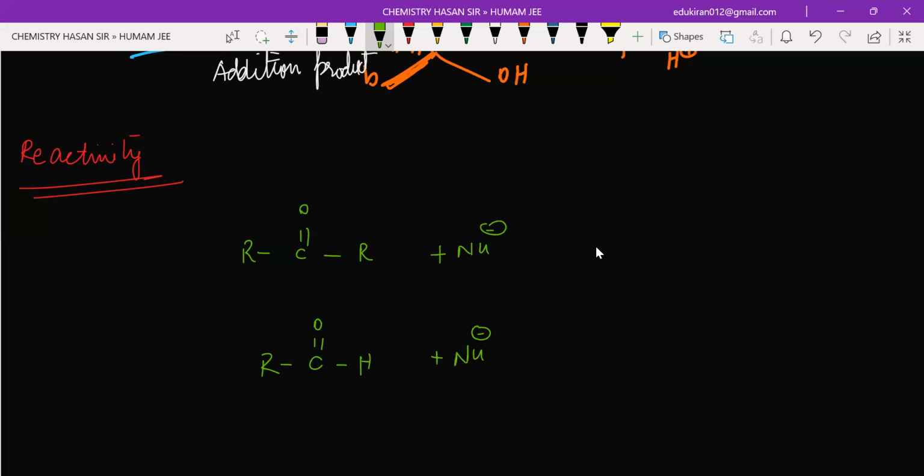What do you think? Which one will react faster? As you know the nucleophilic center is this, so this will attack here, and this will attack here. Which one will react faster, aldehyde or ketone?